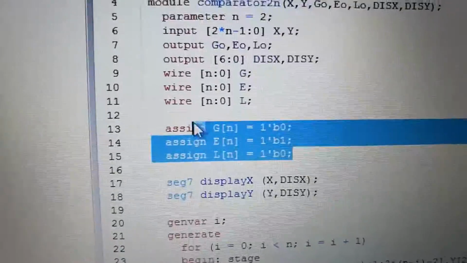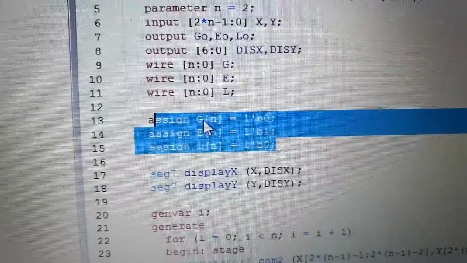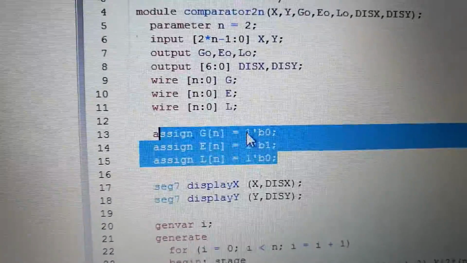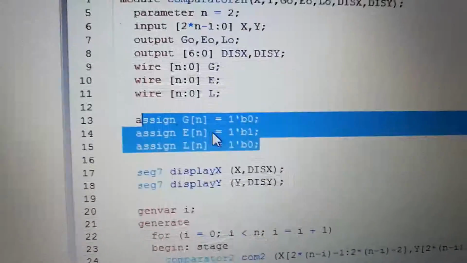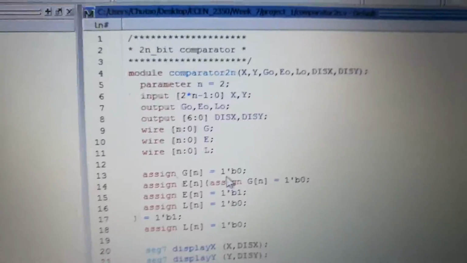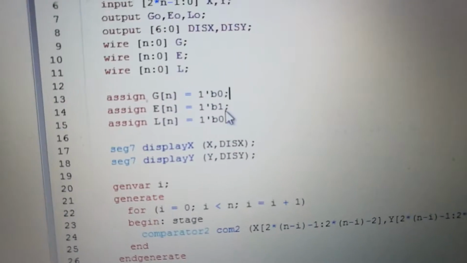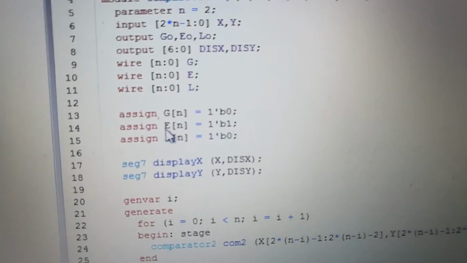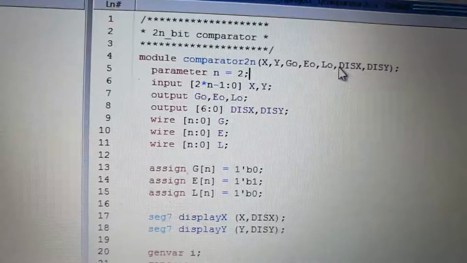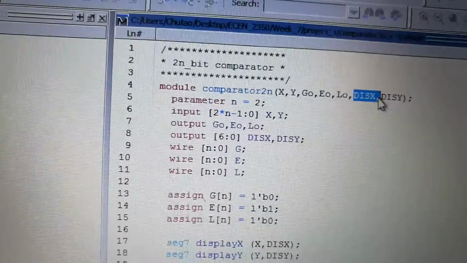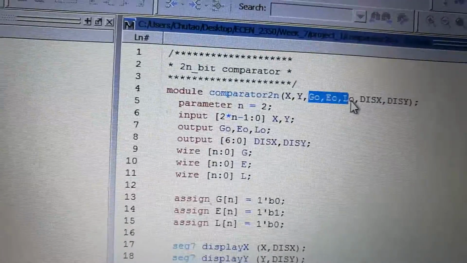As you can see, I set GIN. So they are the same thing actually. Here I set the equal input to be 1 in order to compare them, and for the output I have GO, EO, LO.